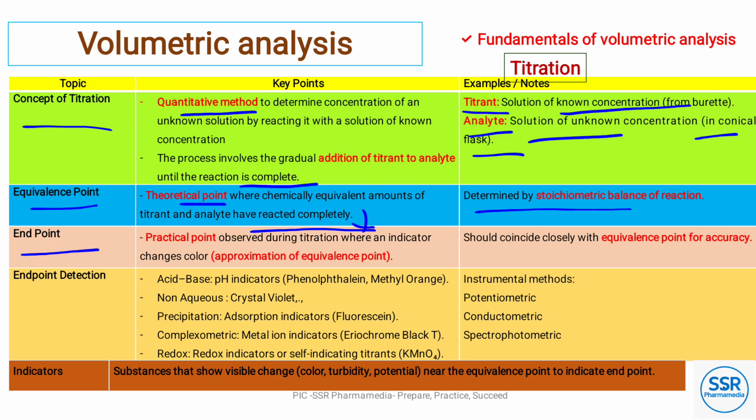And the end point, which comes after the equivalence point, is the practical point. The equivalence point is a theoretical point, meaning the reaction between titrant and analyte cannot be seen; only the reaction happens. The end point is the practical point, observed during the titration when the indicator changes color.